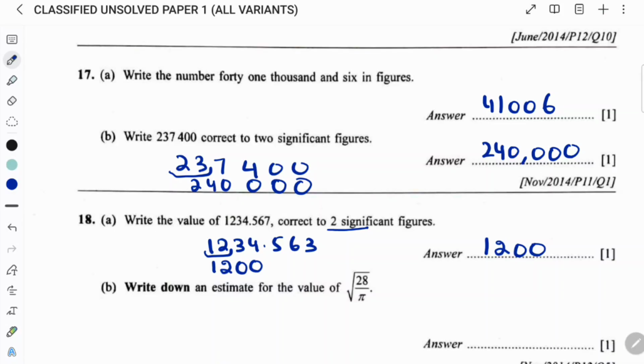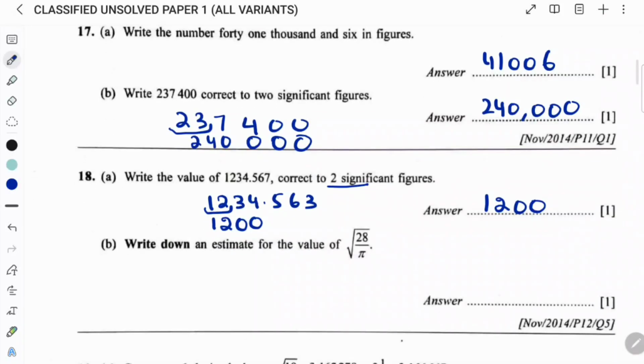Now the next question: write down an estimate. Estimate means write down the number closer to some square root, and you can easily simplify. So this is square root 27 divided by 3. 3 times 9 is 27.